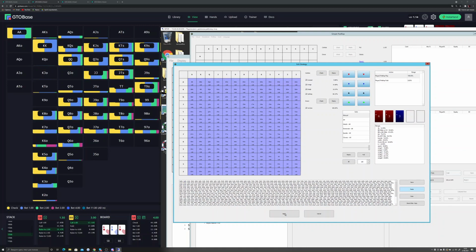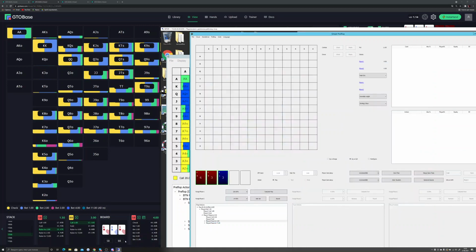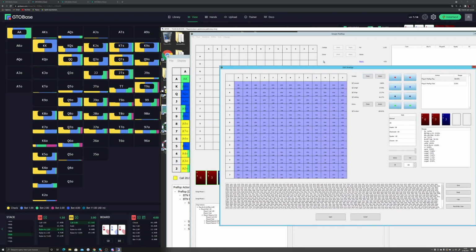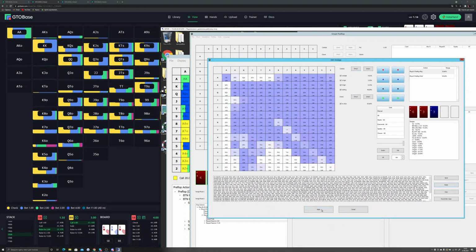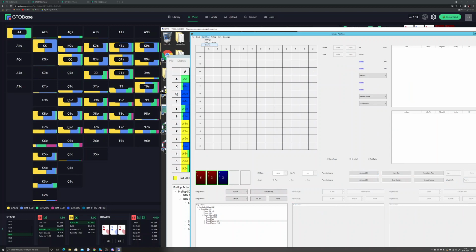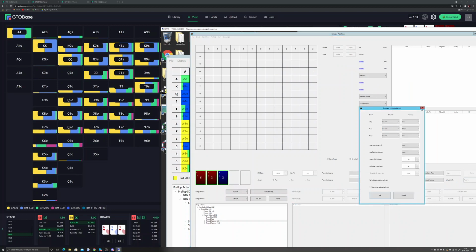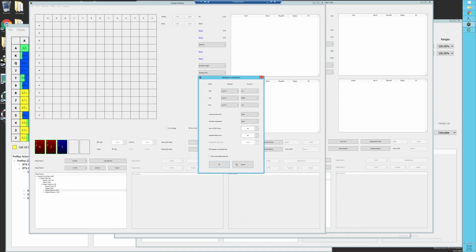And just like that. And the big blind's range, which we paste right here. I go with the low quality of calculation. We don't need a very precise solution. We just want to get the overall idea. We don't want to dig really deep.